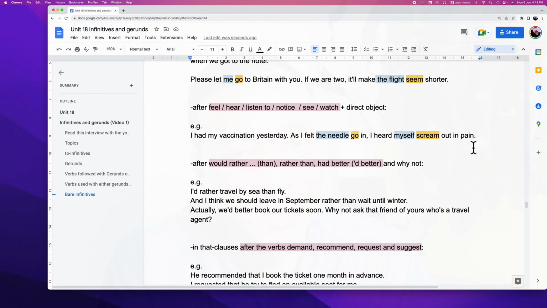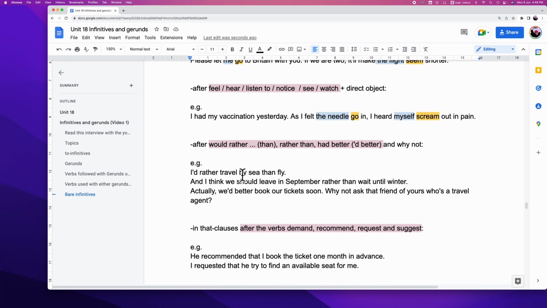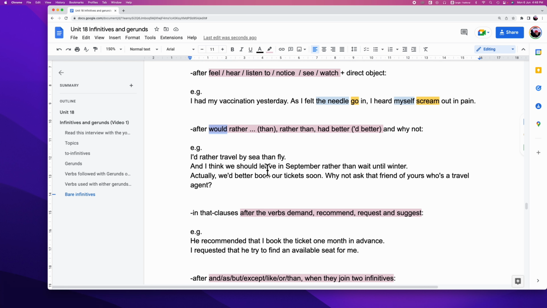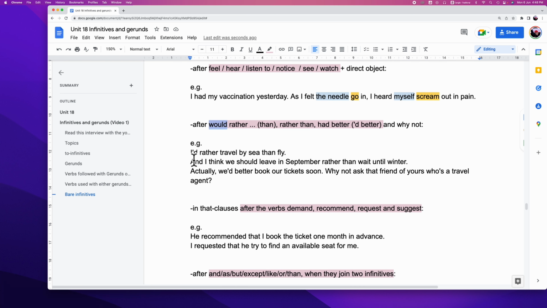Would rather. Let's take a look how to use it. Would rather. The word rather functions as a color green. It's an adverb. The word would is a modal verb. That's the reason it follows a bare infinitive. So let's take a look at these examples. I'd rather travel.